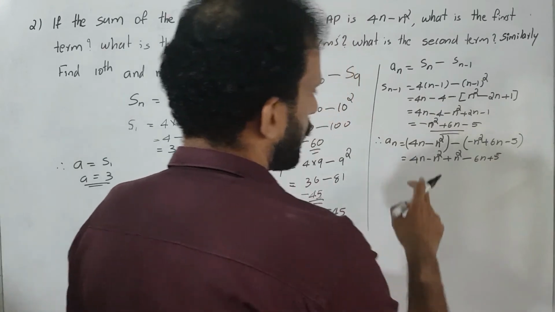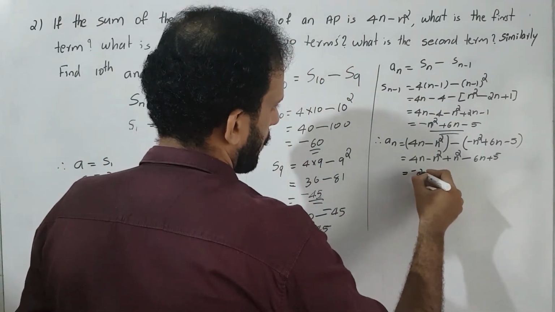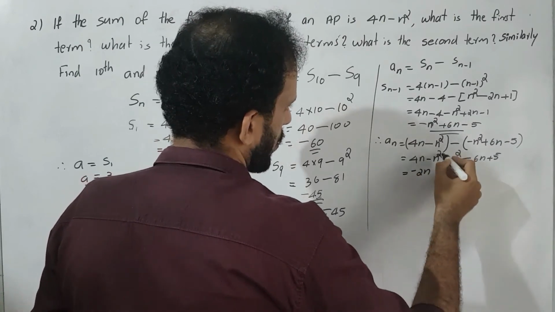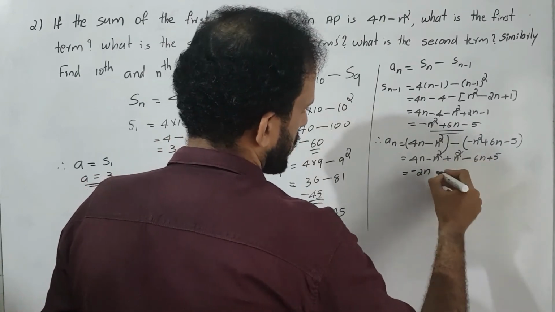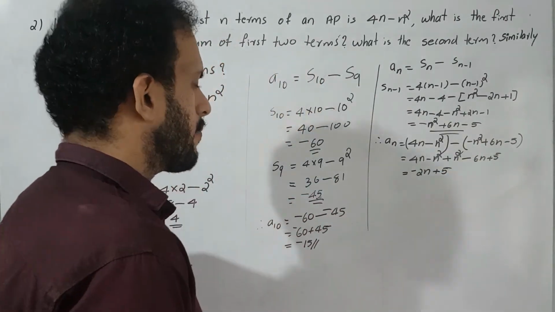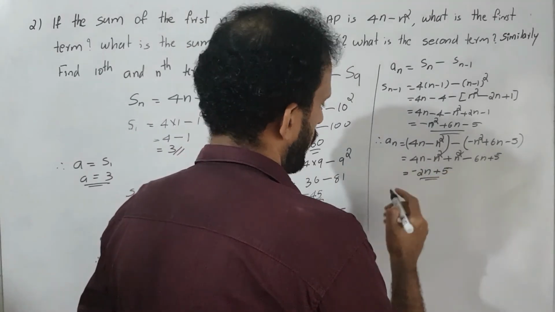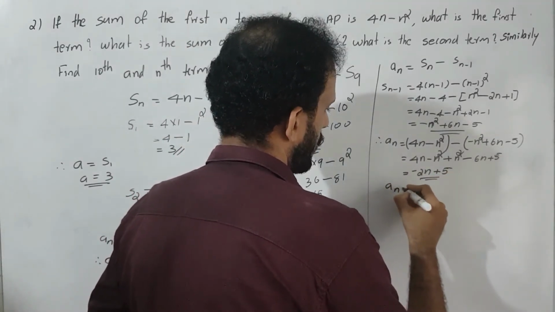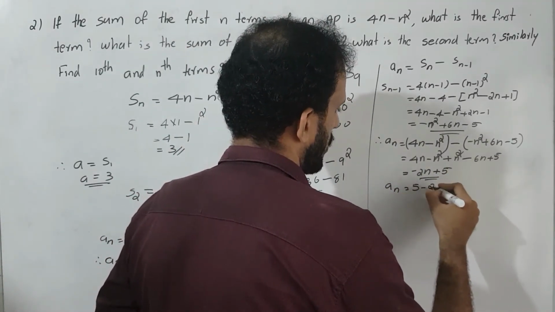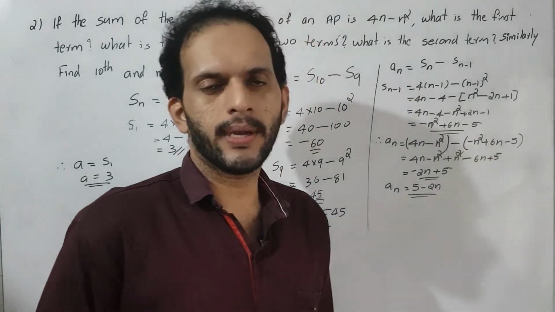Then 4n minus 6n is minus 2n. Minus n square plus n square is 0, cancelled, plus 5. Then minus 2n plus 5, that's An is equal to minus 2n plus 5, or otherwise we write An is equal to 5 minus 2n.